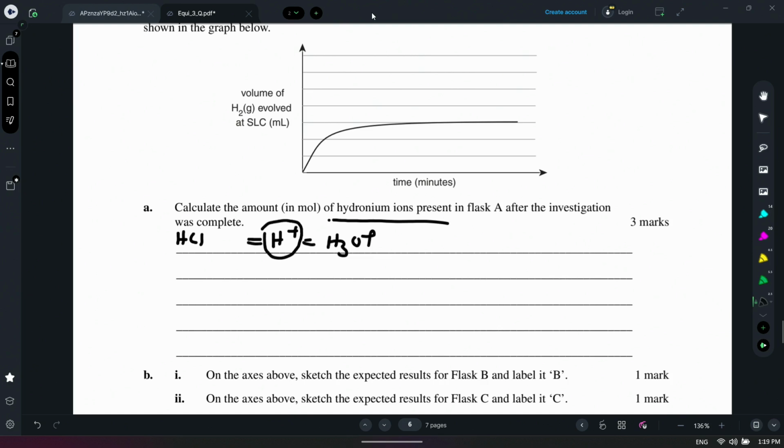So if you can find out the number of leftover moles of hydrochloric acid, it is going to be equal to the number of moles of H plus ions, and that will also be equal to the number of moles of H3O, which is the hydronium. That's what I meant to say.